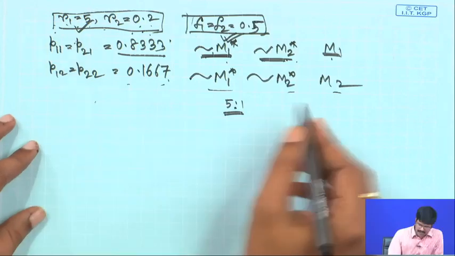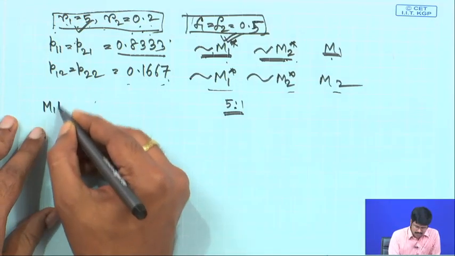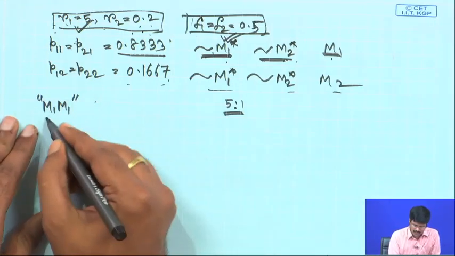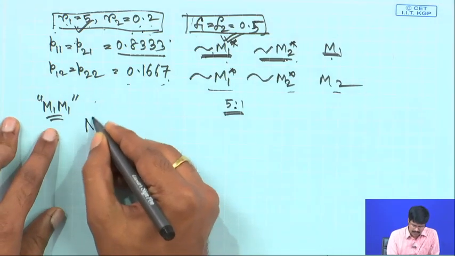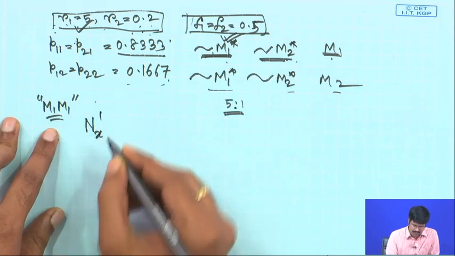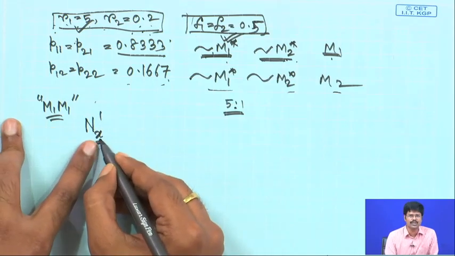Now, let us say you are trying to find out the number fraction of the dyad M1 M1. So, you say N X1, where X is basically 2 because this is a dyad.